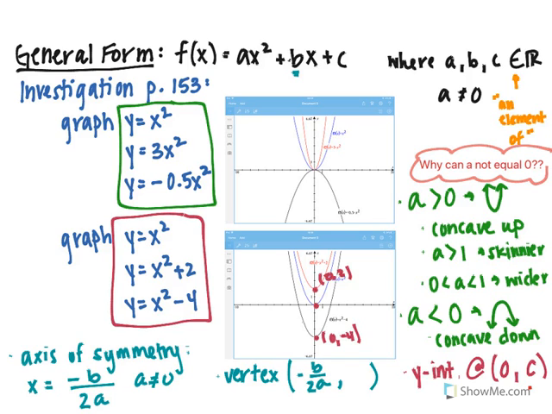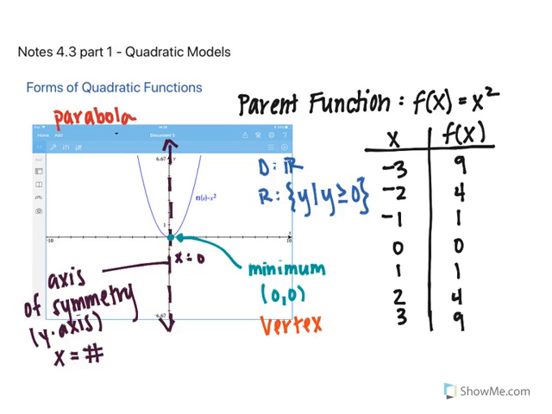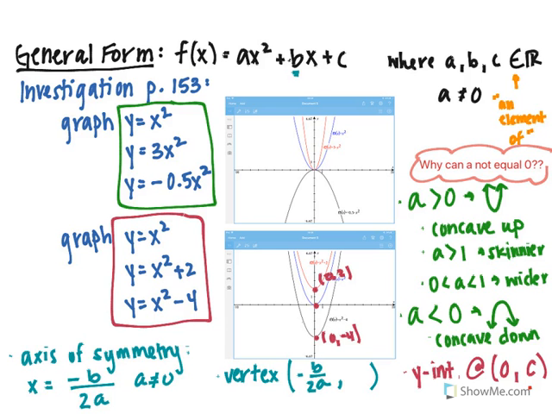Because since our vertex is our middle point here, either our minimum when we're concave up or our maximum if we're concave down, that axis of symmetry goes right through our vertex. Okay, and to just get the y value of our vertex, we would just plug that number into our equation. So that's our general form. That's what the different parts of our general form tell us.